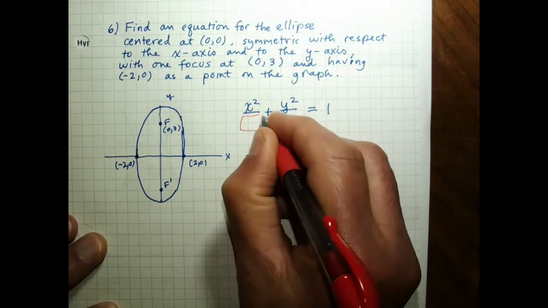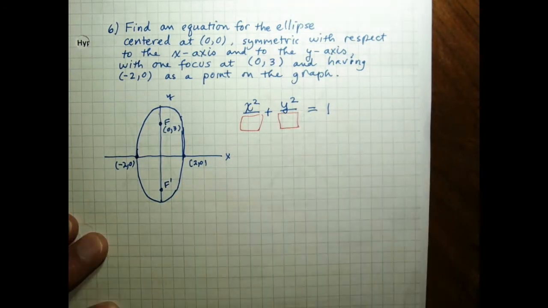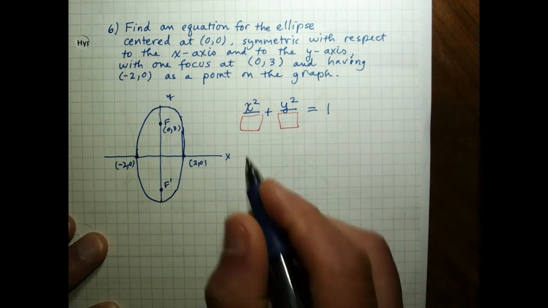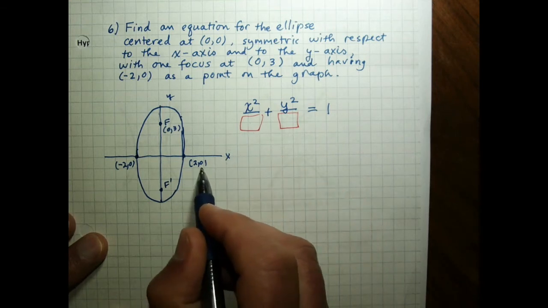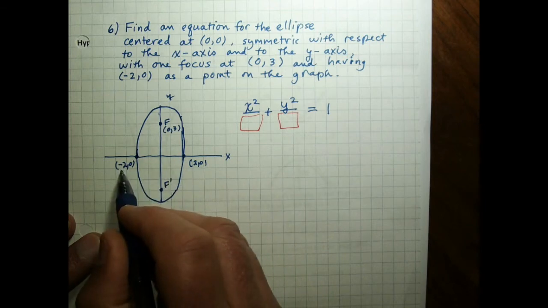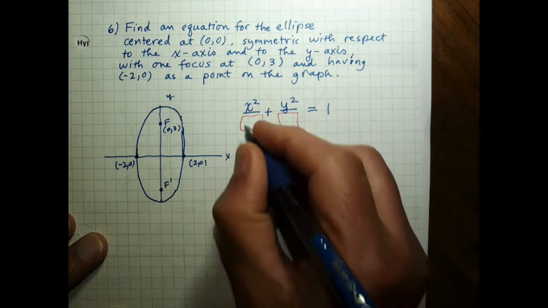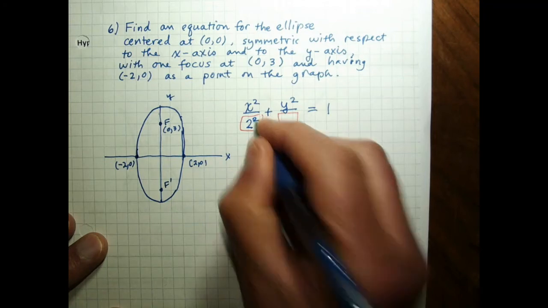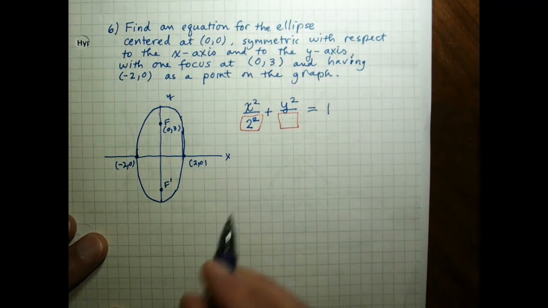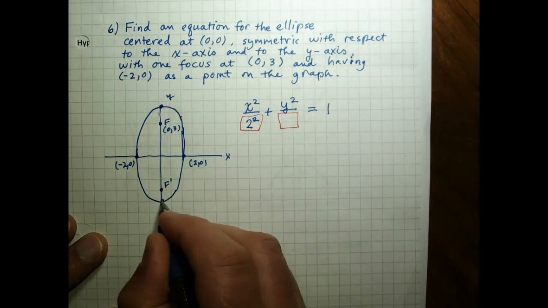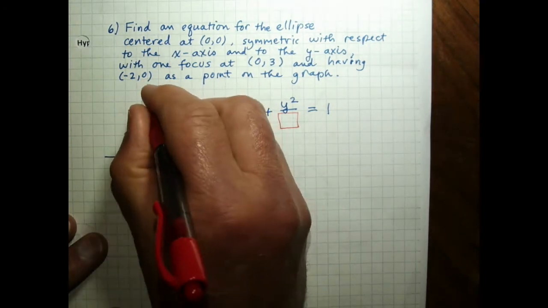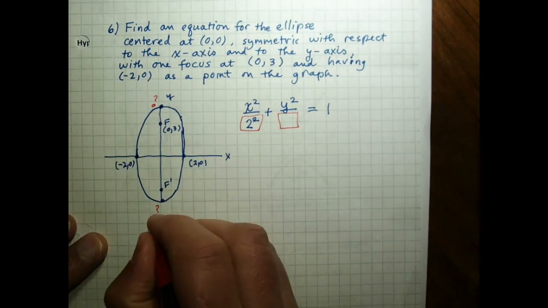We want to fill in these denominators. The denominator for x squared will come from the x-intercept. I know the x-intercept's got to be at 2 and negative 2. So I'm squaring 2. I got that. What I don't have is my y-intercept values, right? We're trying to figure out what these guys are.